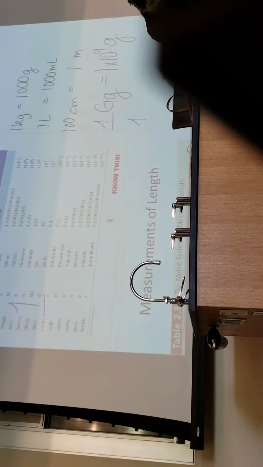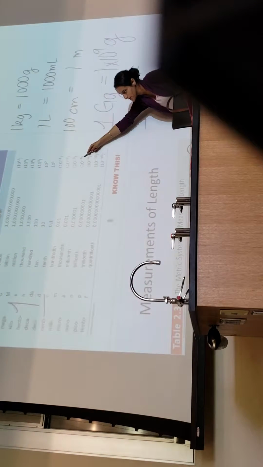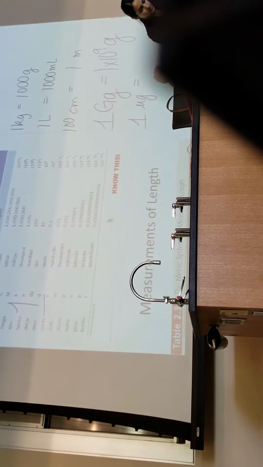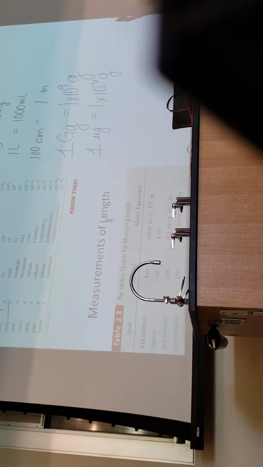If I'm saying 1 microgram, right? Micro is very small, so it's going to take up a very small part of a gram. If you look at micro, the multiplier is 10 to the negative 6. So you would write it like this. So it's keeping it the same.